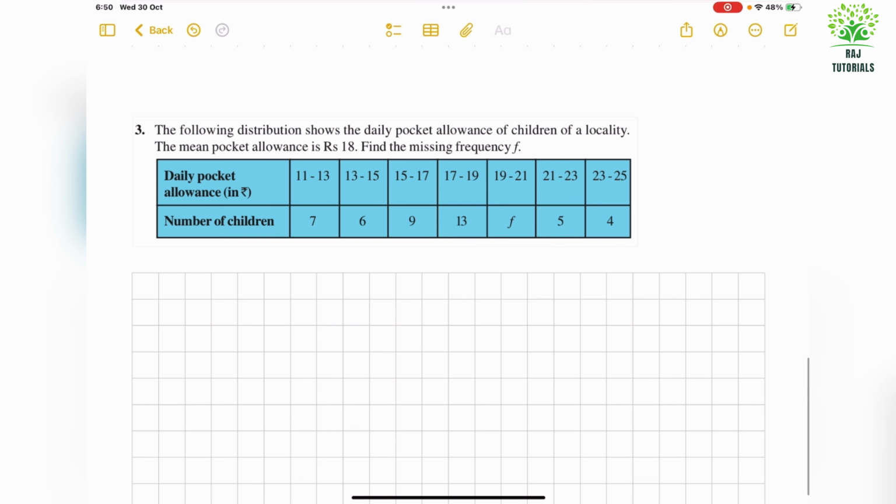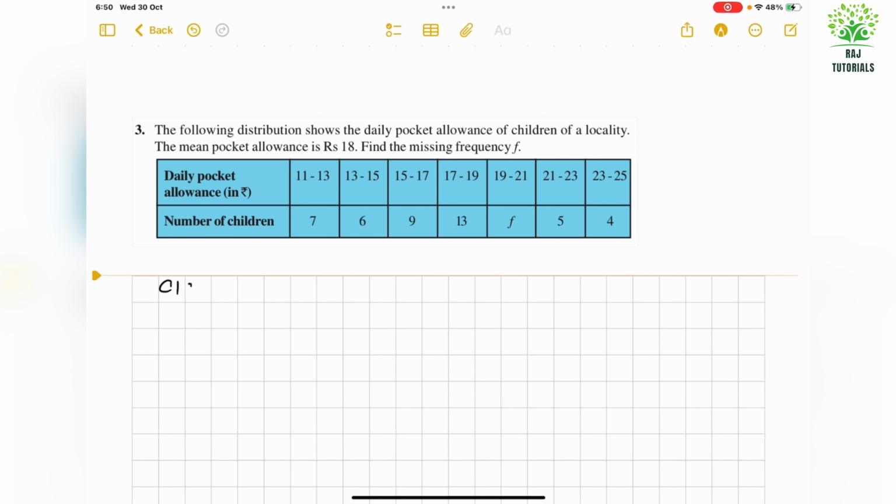Now the third question says the following distribution shows the daily pocket allowance of children of a locality. The mean pocket allowance is rupees 18. Find the missing frequency. Now here we want to find the unknown f. So for that I will be using the step deviation method obviously. So first let me do class interval, then f.